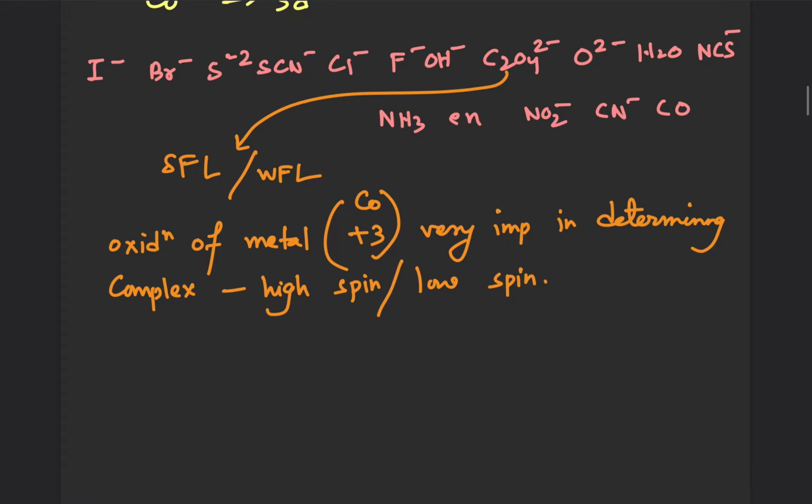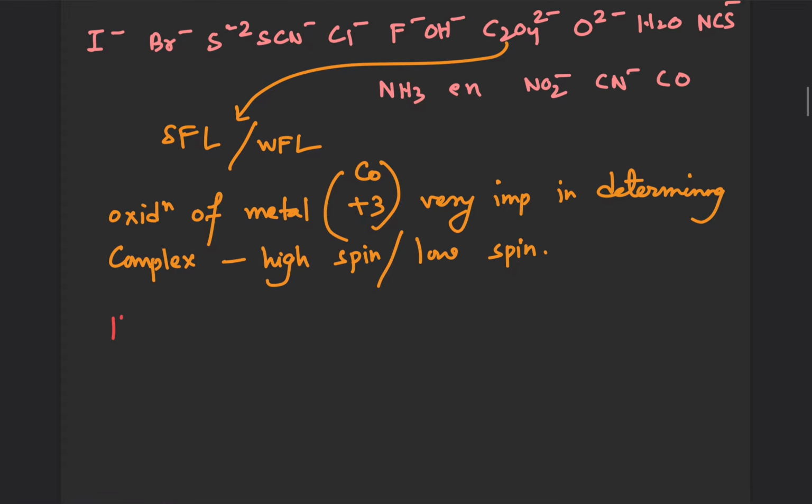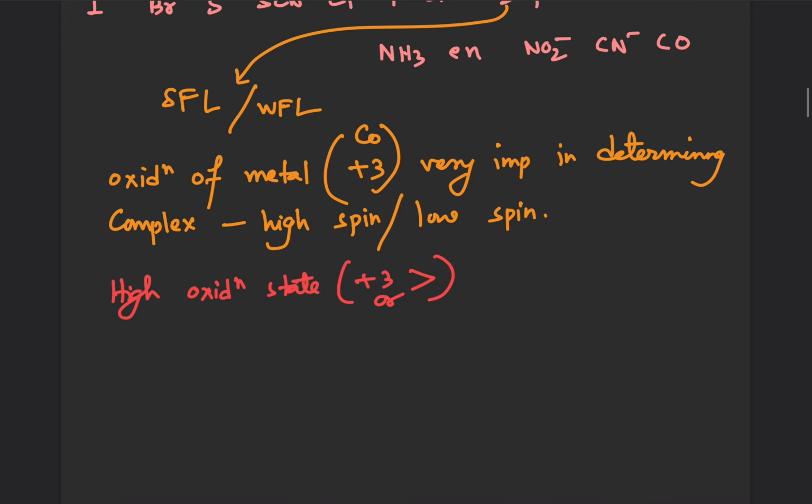Okay. So high oxidation state, that is +3 or more. So those metals which have oxidation state of +3 or more, they favor low spin. Okay. Or you can say they favor pairing.